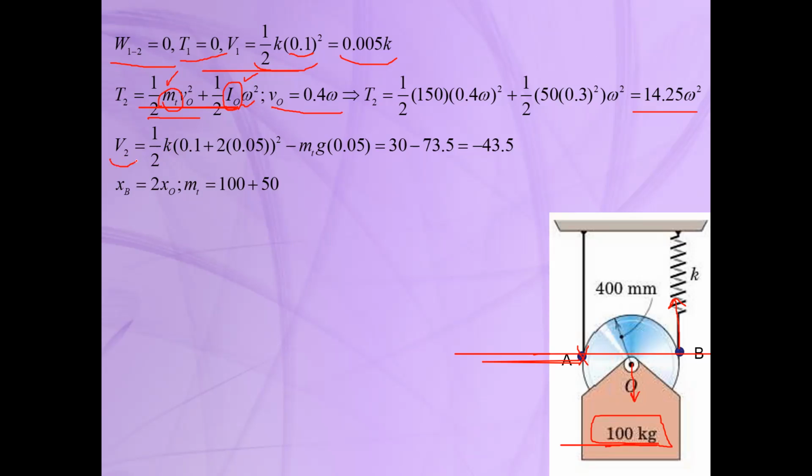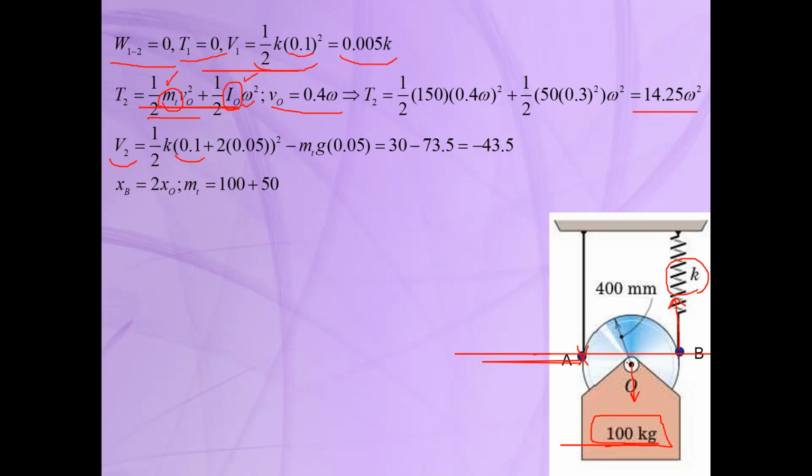The potential energy in the final position will include the potential energy due to this spring, and the potential energy due to the change in the height, or the gravity potential energy. The spring is equal to half k times x squared, where this time x is equal to the initial stretch, which is 0.1, plus now this point B will go down.